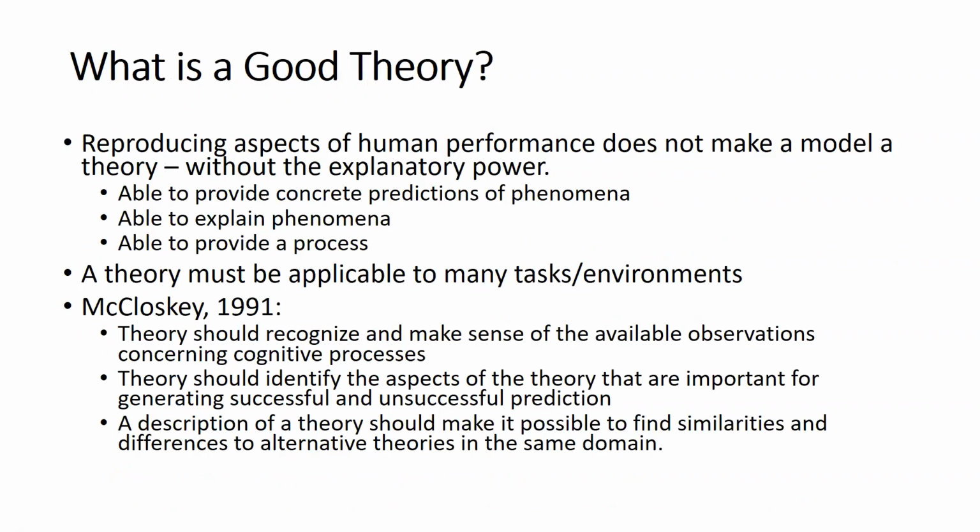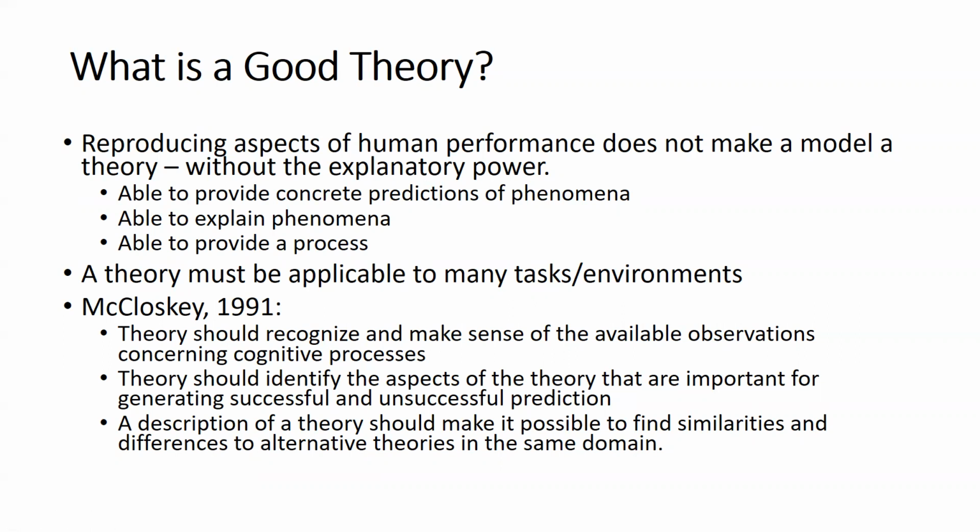So coming to one of the questions for this workshop, what is a good theory? Well, I think in our case, at least in cognitive science, reproducing aspects of human performance does not necessarily make a model a theory. And I think we need to understand this from the start.